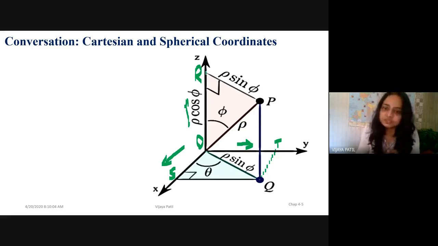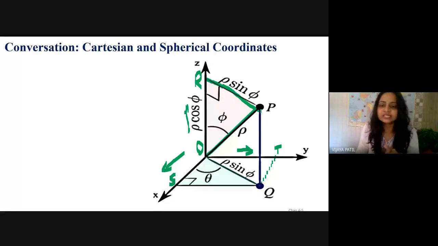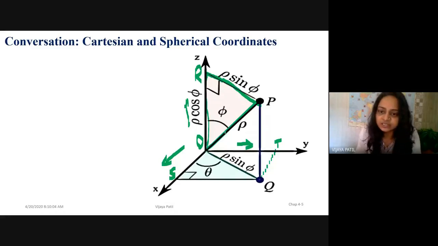Now, let us move to this particular triangle, the triangle OPR. Let us go for this triangle first, right? At this triangle, this is an angle phi. If this is the angle phi, then along the z-axis it is rho cos phi.